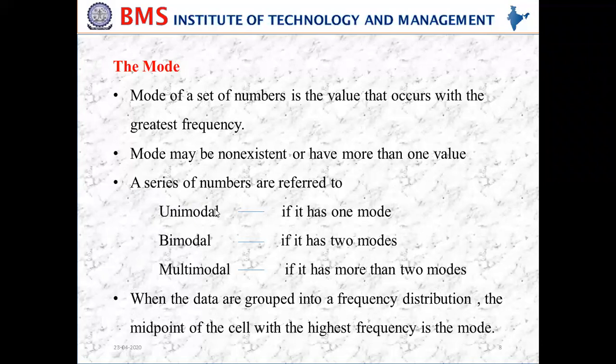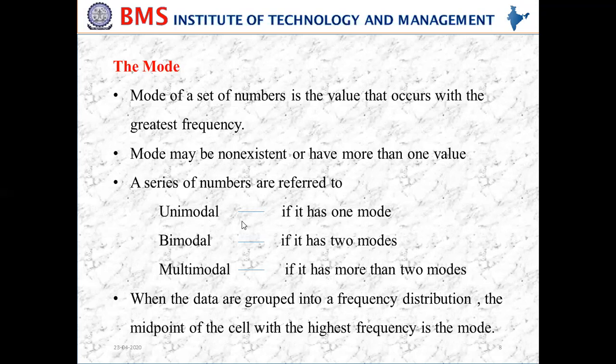And if it has two modes, that is called bimodal. So if you have a set of observations where one particular number, say 5, occurs 3 times, 5 5 5, and similarly one more number, say 9, also occurs 3 times, 9 9 9, like that.